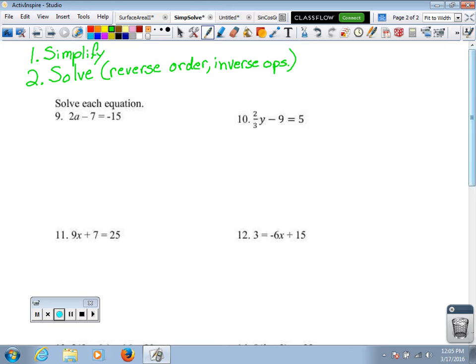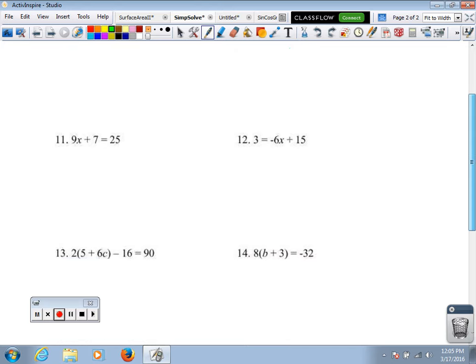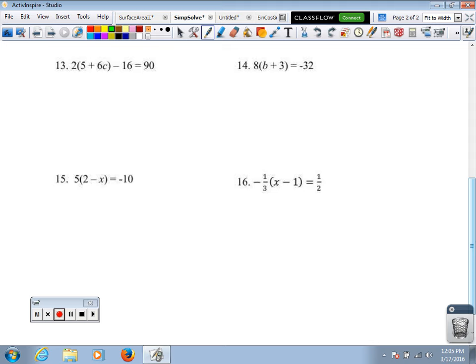Okay, so let's skip a few, and let's go down to number 14. First thing we want to do is simplify. Now, there's a trick that we do to all equations to try to keep things neat and organized. Who remembers what we do to those equations the very first thing?